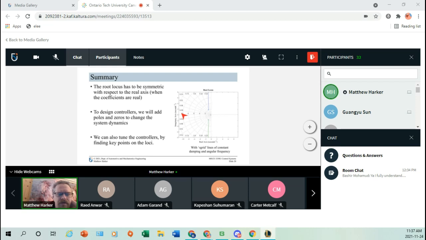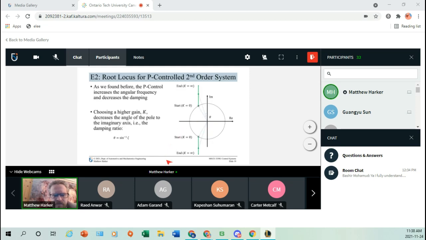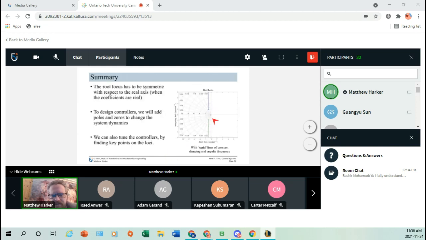Good. Basically then we could look at our controller tuning problem as finding key points on the root locus, right? So this is the same root locus plotted differently.